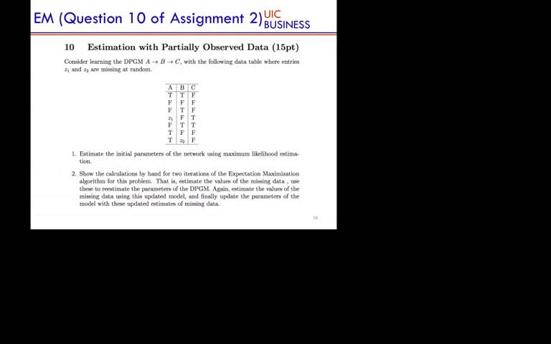I mean, is this not clear? 1/2, 1/2. And so for false, you can see that with A being false, B being false only happens once out of 3 observations. And with A being false, B being true happens 2 times out of 3 observations. So theta 2 2 is 2 by 3. Let's ignore this. Let's focus on just B being true, because that's where I've set the parameter, right?